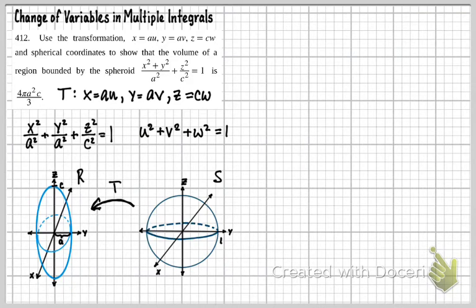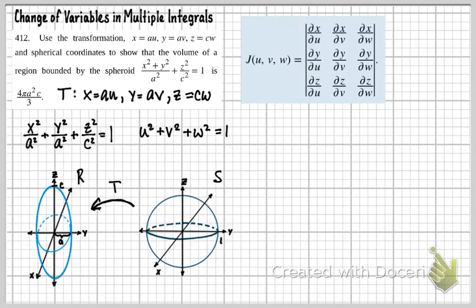So now we need the Jacobian of this transformation, which is already set up in terms of T of u, v, w. So the Jacobian of u, v, w is equal to all of these partial derivatives.